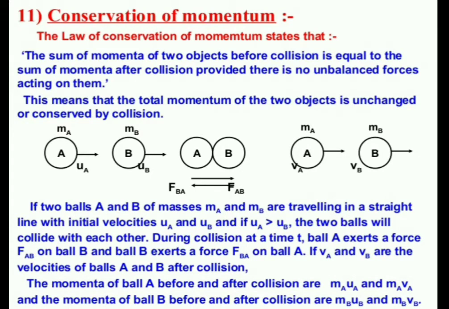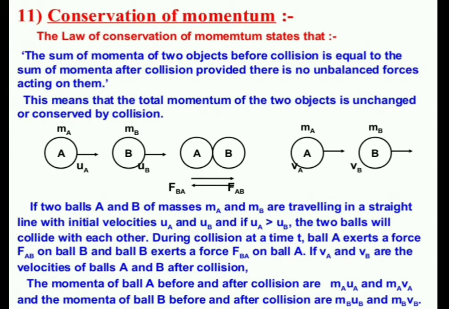Momentum, we have already learned in the previous class. The momentum of a body is the product of its mass and velocity, correct? So the formula of momentum is mass into velocity, that is P = m × v.